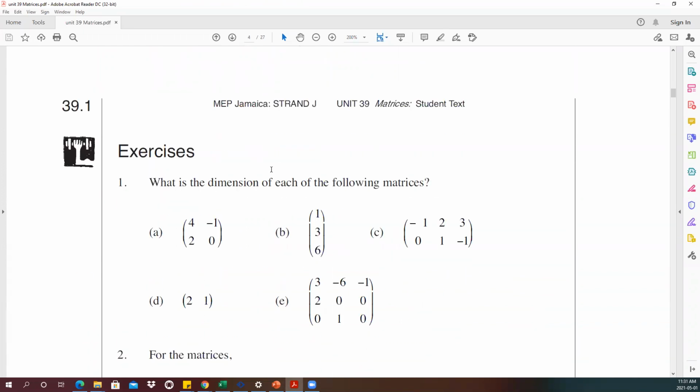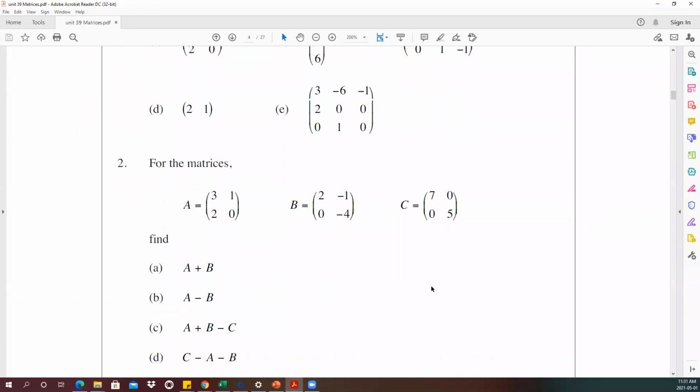Now coming down, all this is asking is what is the dimension of each of the following matrices. So again, we just give the information: number of rows, two rows, two columns. Here, 3 rows, 1 column, 2 rows, 3 columns, and so on and so forth.